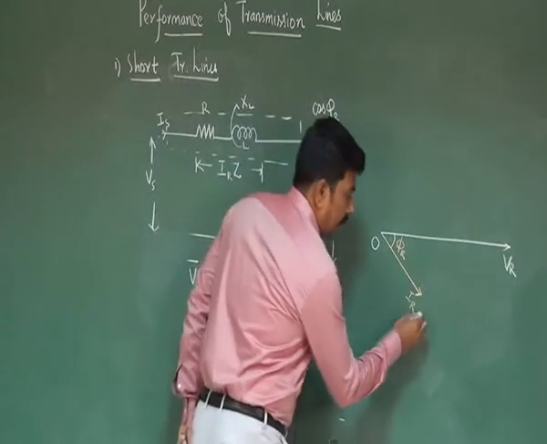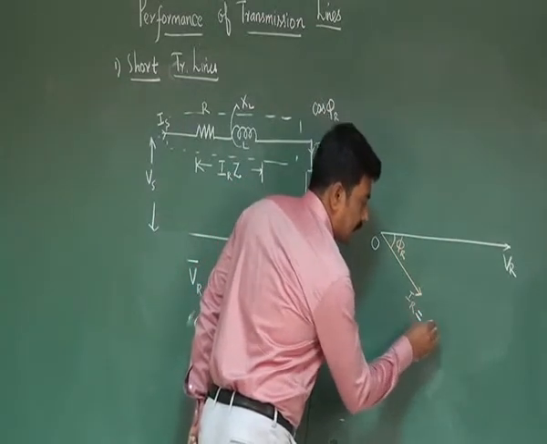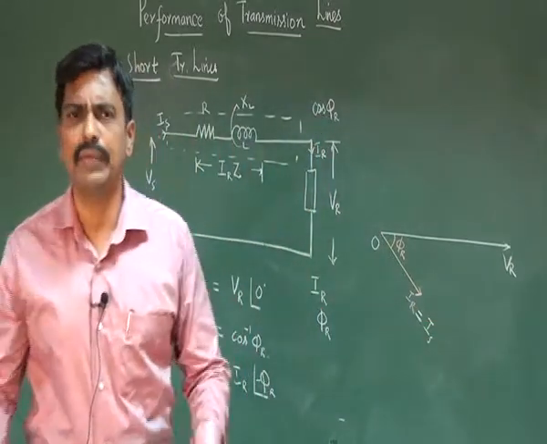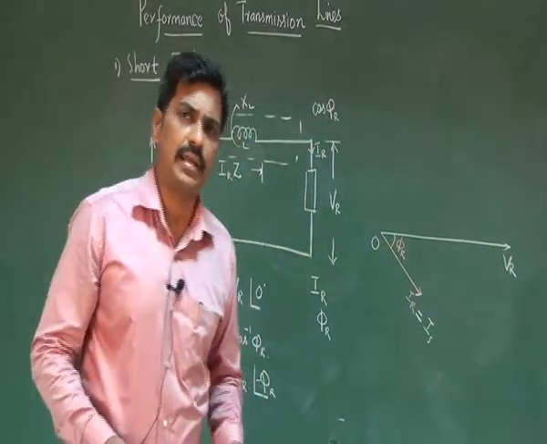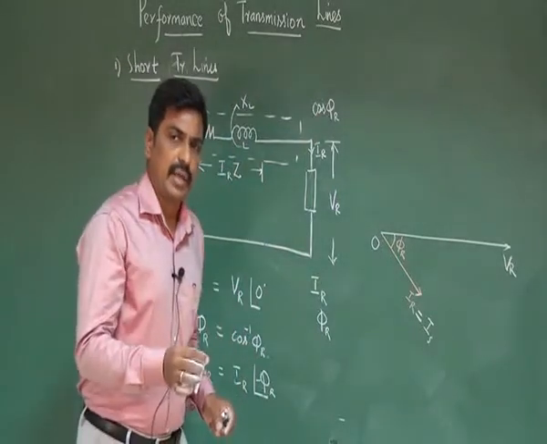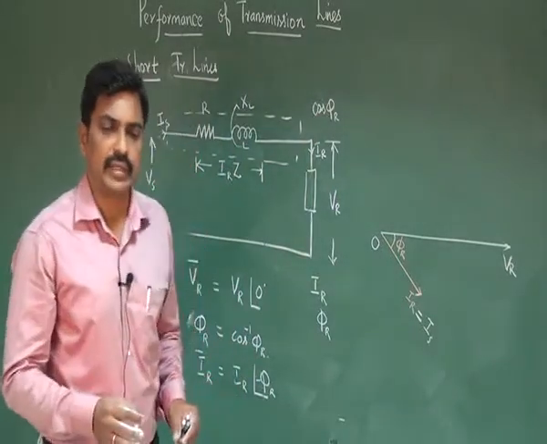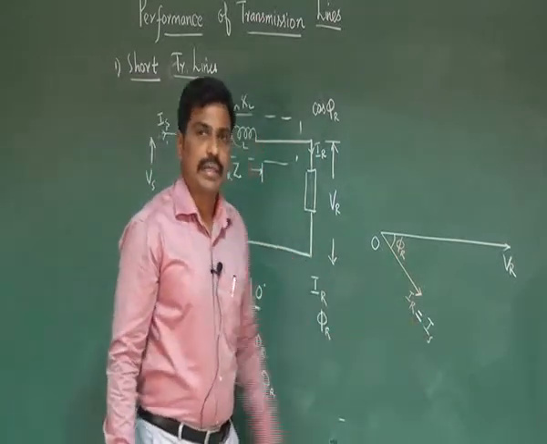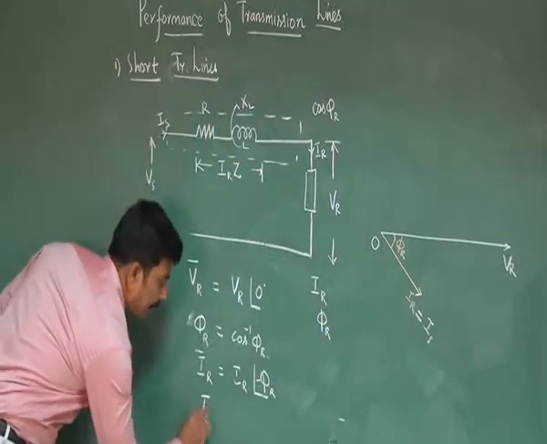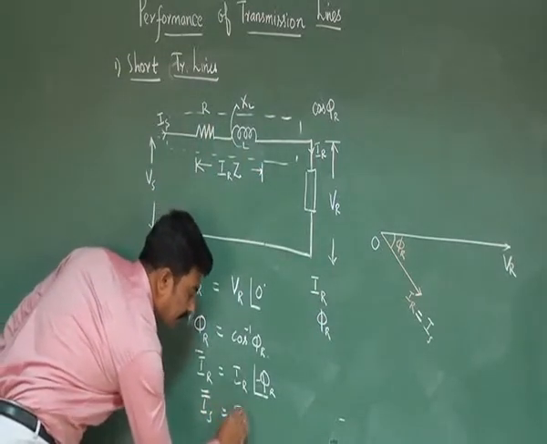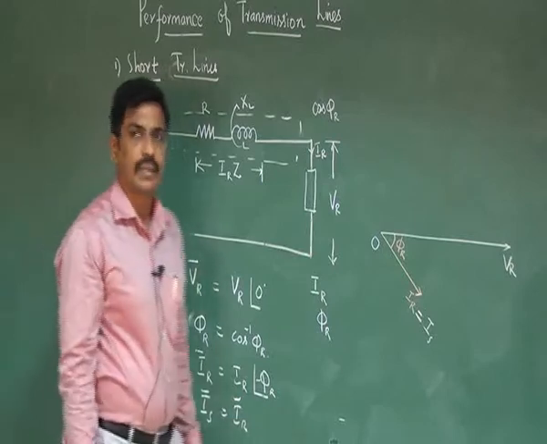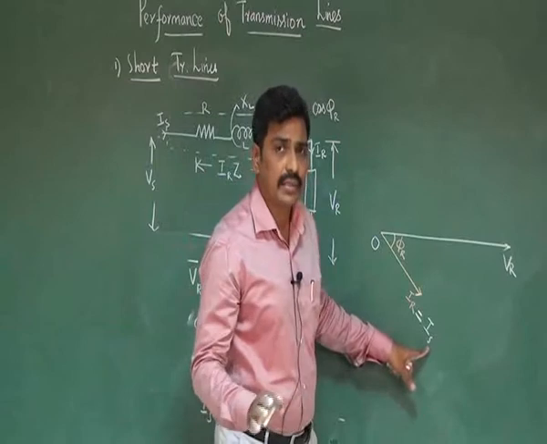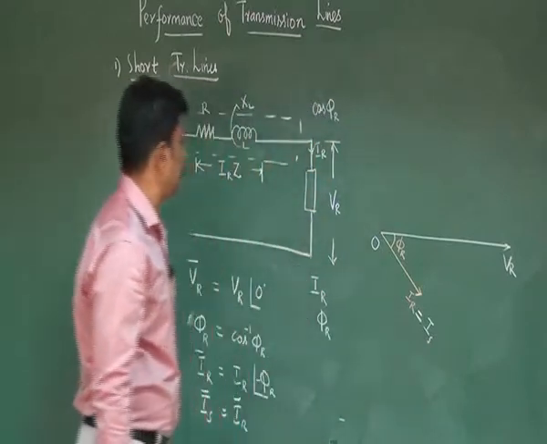So for any short transmission line, if you neglect the effect of shunt capacitance, you can straight away say the receiving end current is equal to the sending end current. So no need to plot any other vector for IS. IS vector is equal to IR.